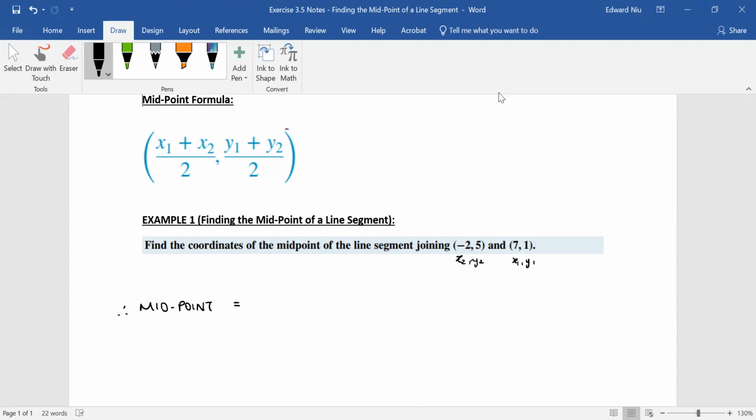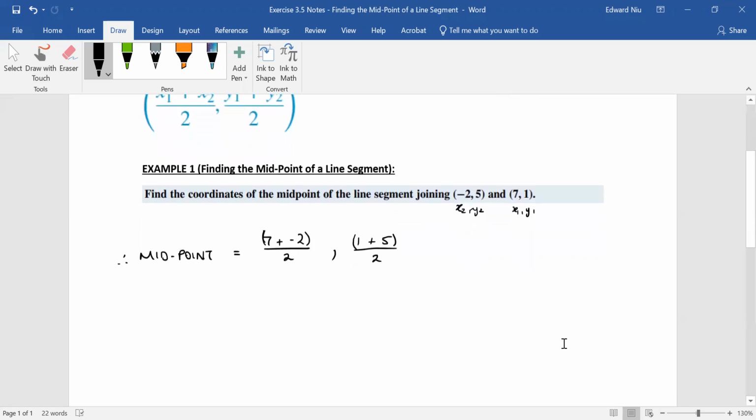So we sub in our x1 value of 7, and we add it with our x2 value of -2, divided by 2 after we've done the addition at the top. Comma, our y1, which is going to be 1, and then our y2, which is going to be 5. Divide that by 2 after we've done our addition.